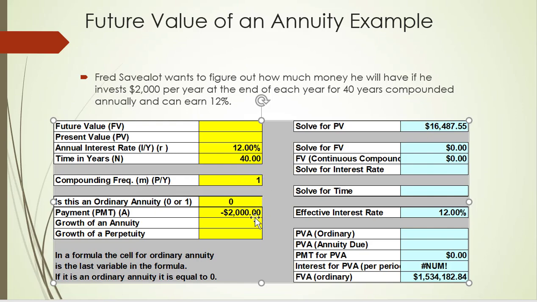But of course, we're not going to make $2,000 payments a month. You have to divide 2,000 by 12. So you change the payment to $166.67, making it negative. Change that compounding frequency, and the answer that you get is $1.96 and some change million.